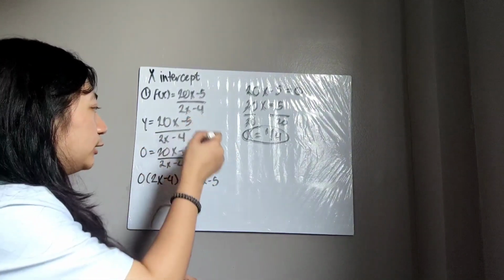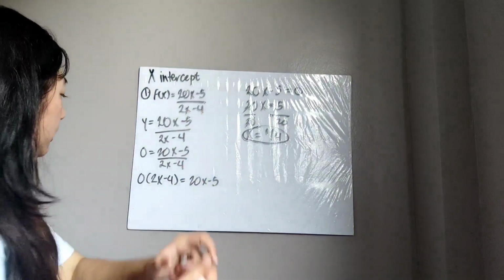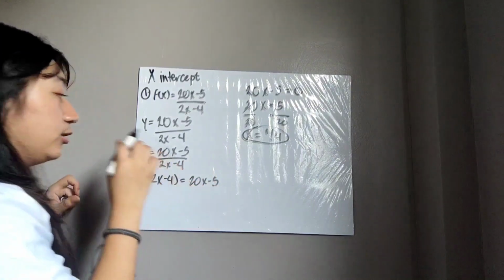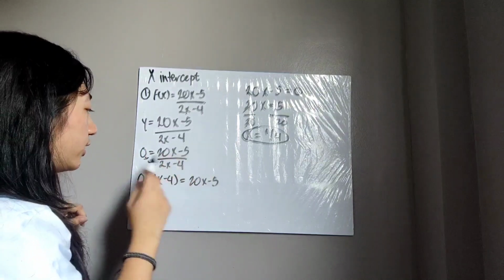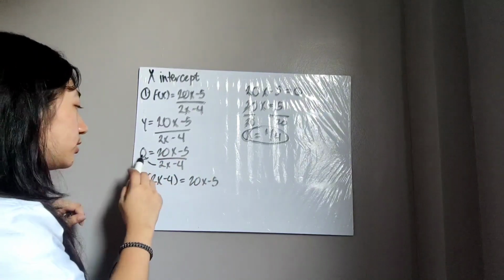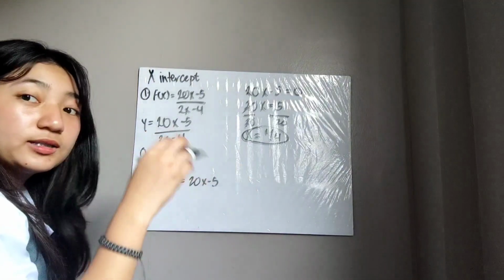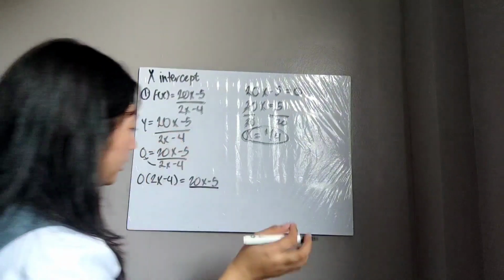So, copy mo lang ulit yung equation. Sinulat ko na para madali. And yung denominator, which is 2x minus 4, times natin sa 0. Pag tinimes mo 'to, 0 yan, magiging 0 lahat. So, matitira is 20x minus 5.